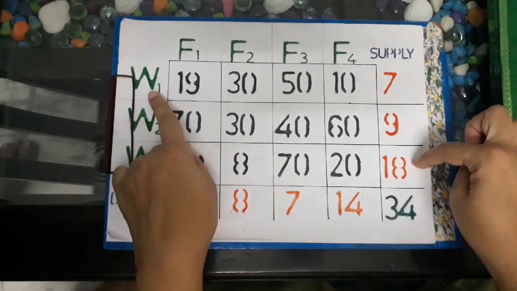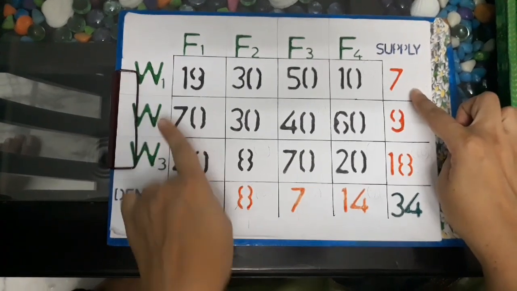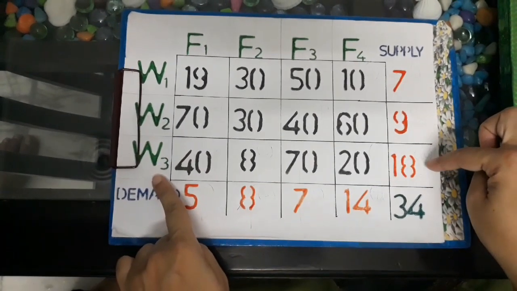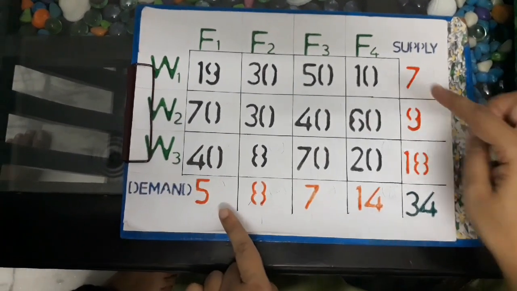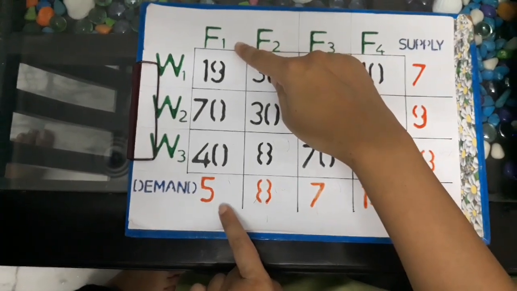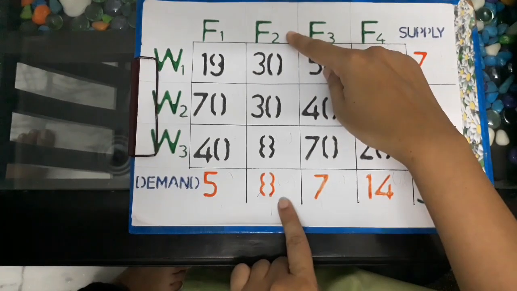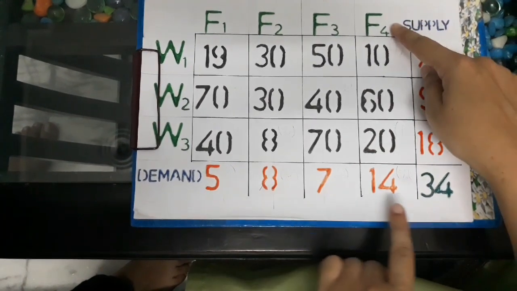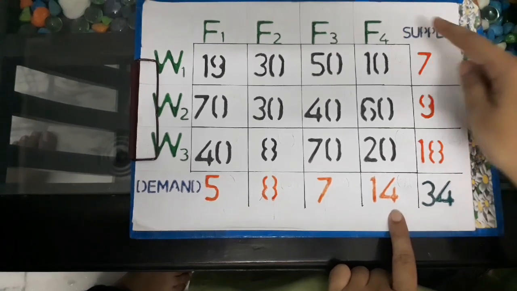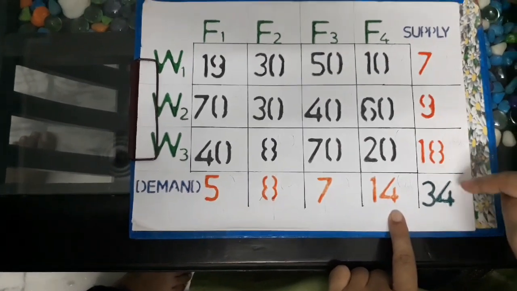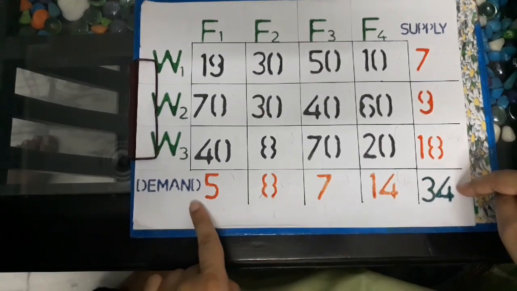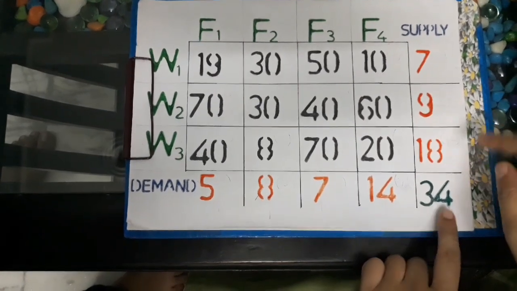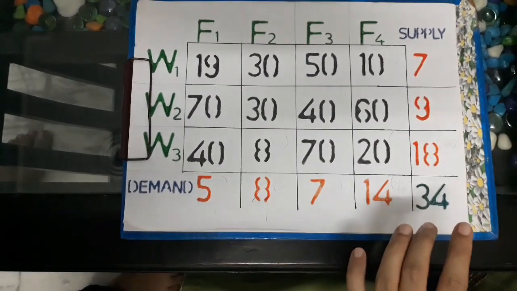Suppose the supply of warehouse W1 is 7 tons, of warehouse W2 is 9 tons, of warehouse W3 is 18 tons, and the demand of factory F1 is 5 tons, factory F2 is 8 tons, factory F3 is 7 tons, and factory F4 is 14 tons. So we calculate the total supply, it comes out to be 34, and we calculate the total demand, it also comes out to be 34. So now we can solve this problem.